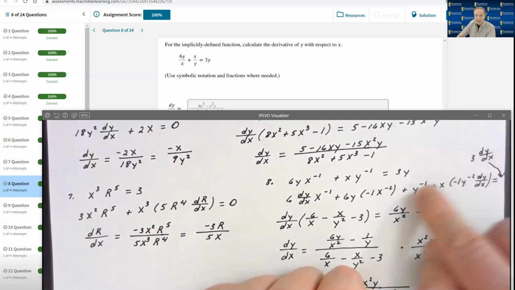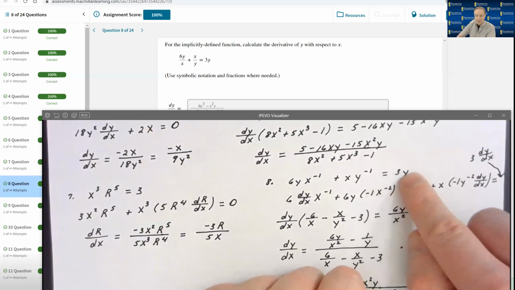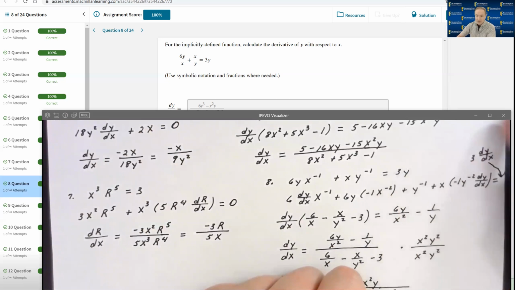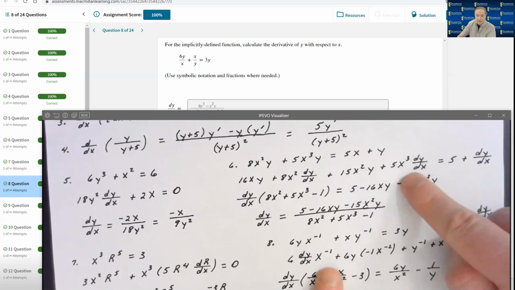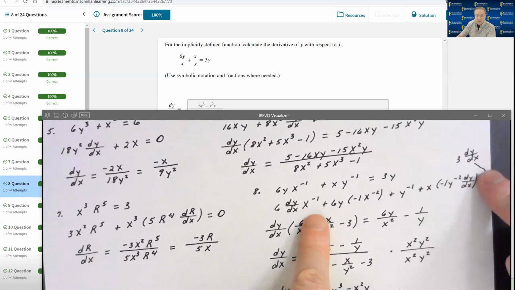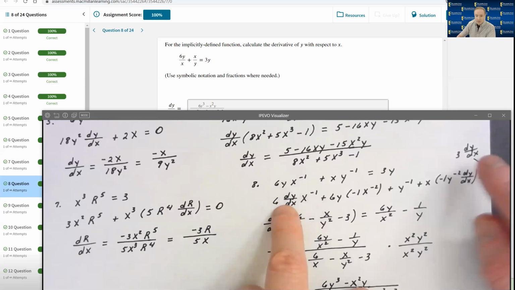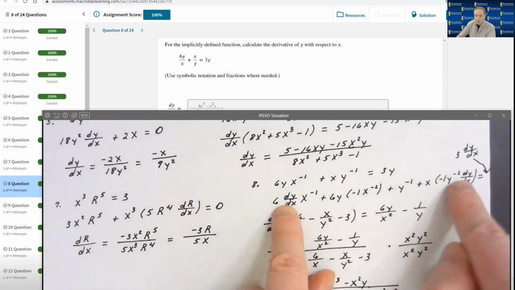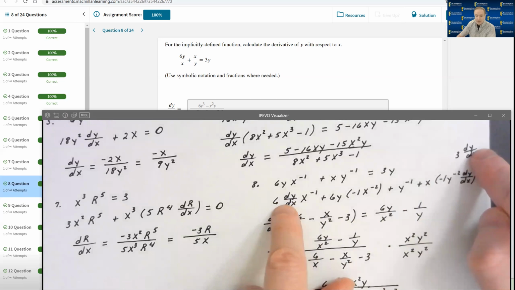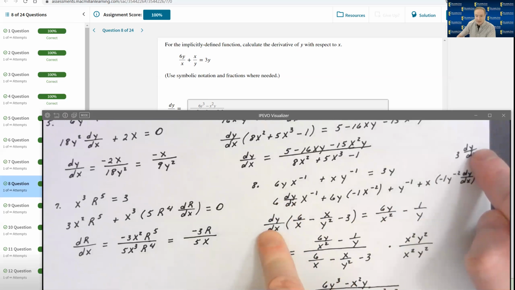Now, on the right-hand side, 3 times the derivative of y, well, that's 3 dy/dx. And I ran out of room, so I had to write it up there. Now, I need to simplify. So just like the problem above it, I said I need to get all of the dy/dx terms on the same side. So I have 1, 2, 3 terms with a dy/dx. I factor the dy/dx out.